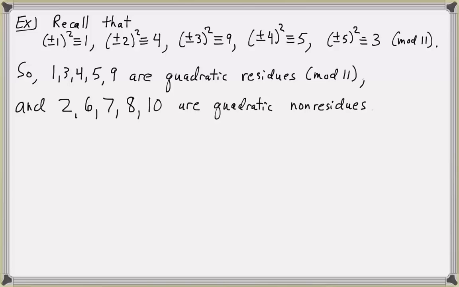So if you notice, there's the same amount of quadratic residues and non-residues mod 11. So this is an example of the next theorem.